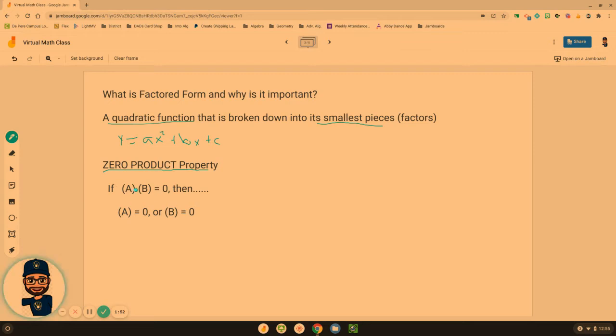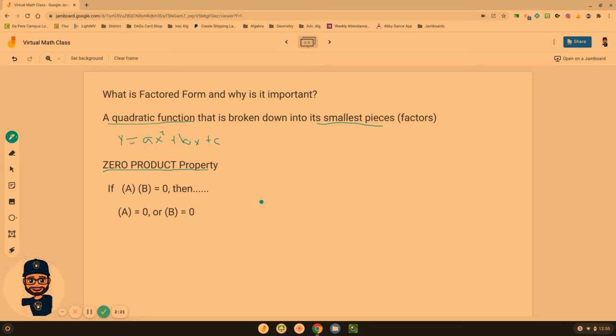If a is some expression, but I know that I can get b to equal 0, then I know the whole thing equals 0. That's this zero product property, where if one of the two factors, one of those two expressions, equals 0, then we can solve the equation. And so the goal here is to eventually break the standard form down into its two factors.